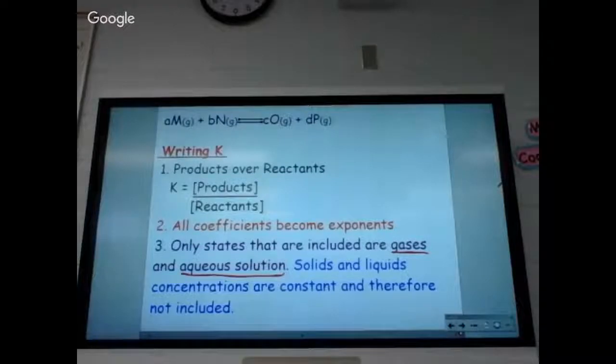We're only going to keep the gas and the aqueous. The solids and the liquids are considered constant. They don't change significantly, so we consider them constant and we don't use them. So we have to do the products over the reactants. What do you mean by constant? It means they're not going to change.